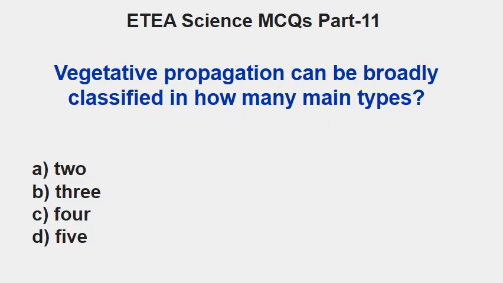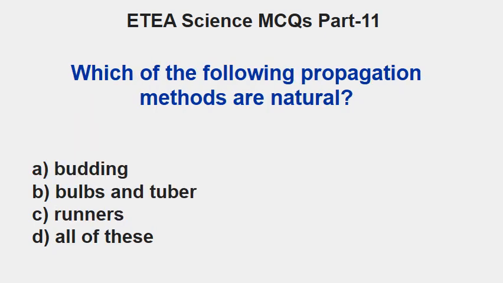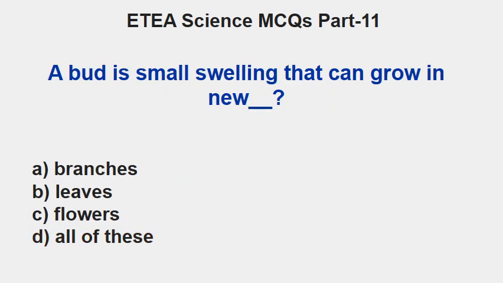Vegetative propagation can be broadly classified in how many main types? Which of the following propagation methods are natural? A bud is small swelling that can grow in new.